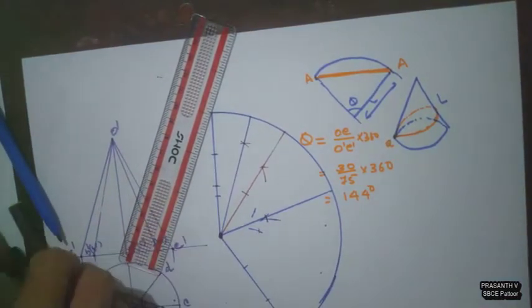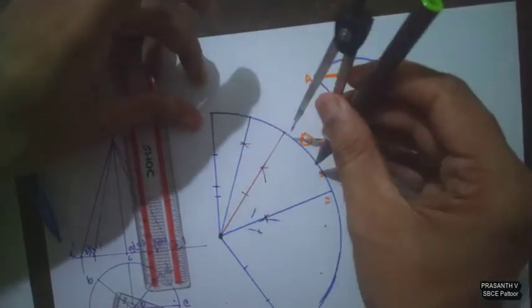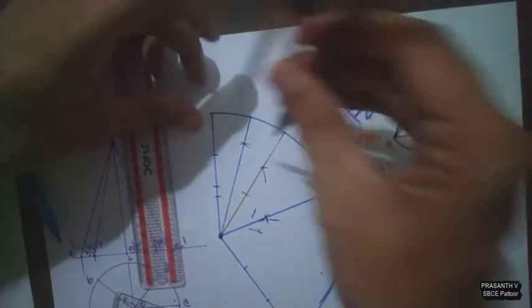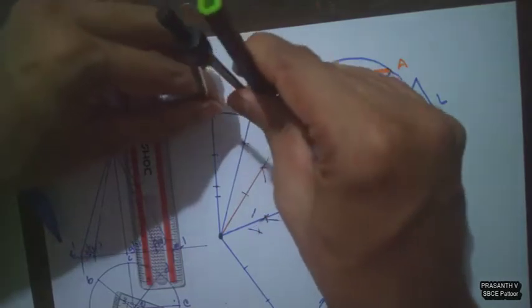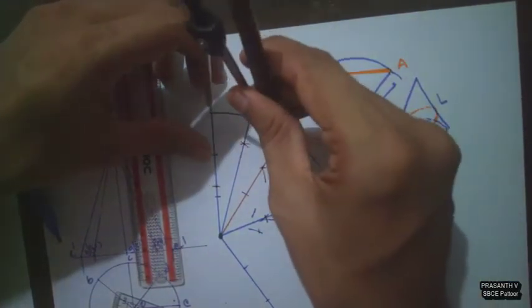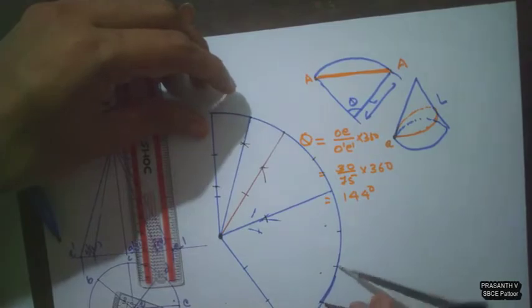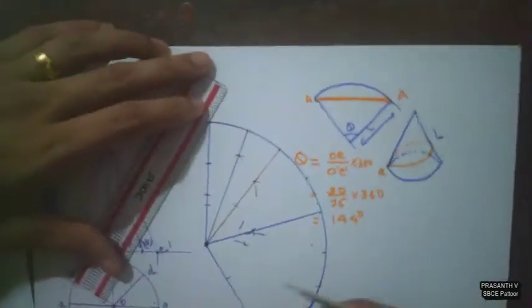Now just take this distance and mark other sides also. All these points you just draw.